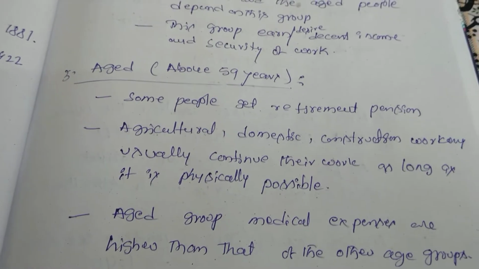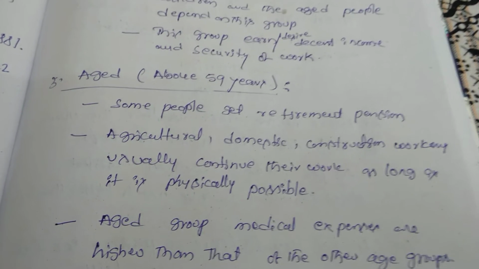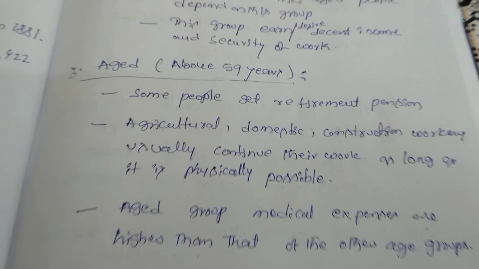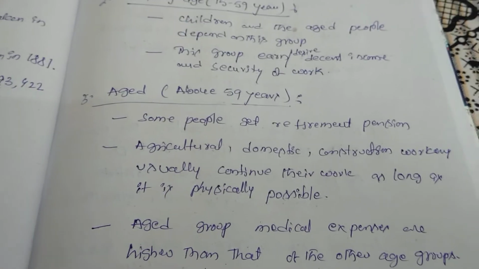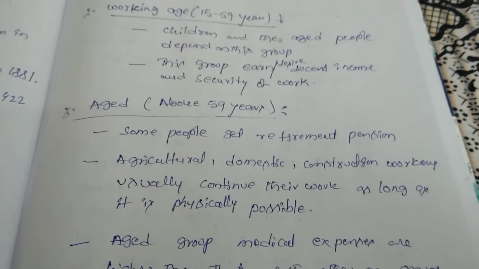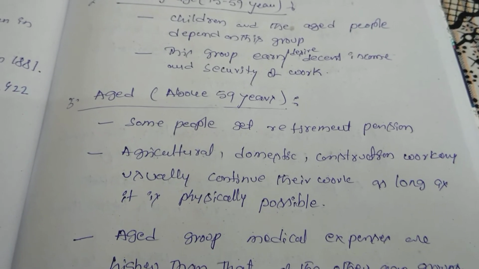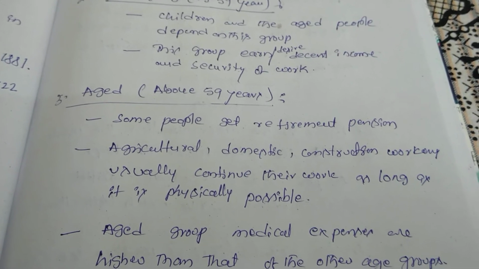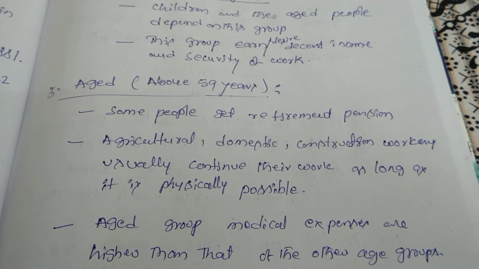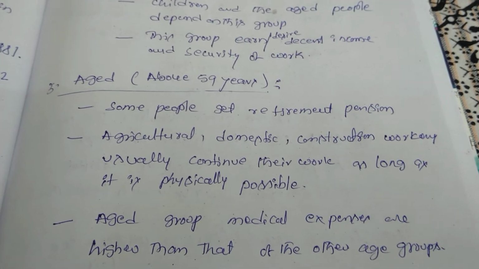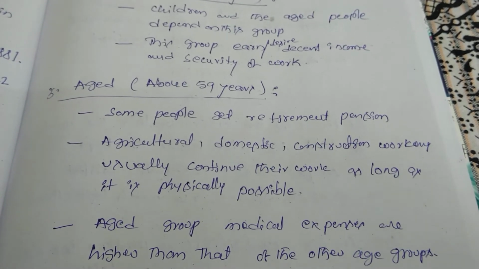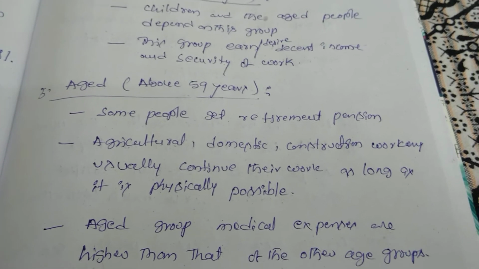These people depend on the working age group, and children also depend on the working age group. When you have information about these age groups, the governments can take decisions while implementing different schemes. Clear? That's why we need information about the population at every time.